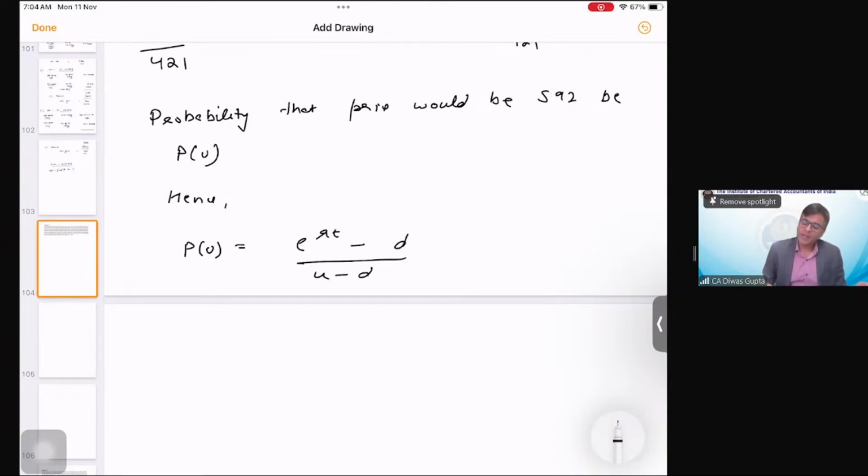So instead of 1 plus R, we have substituted it with e raised to the power RT. Clear?